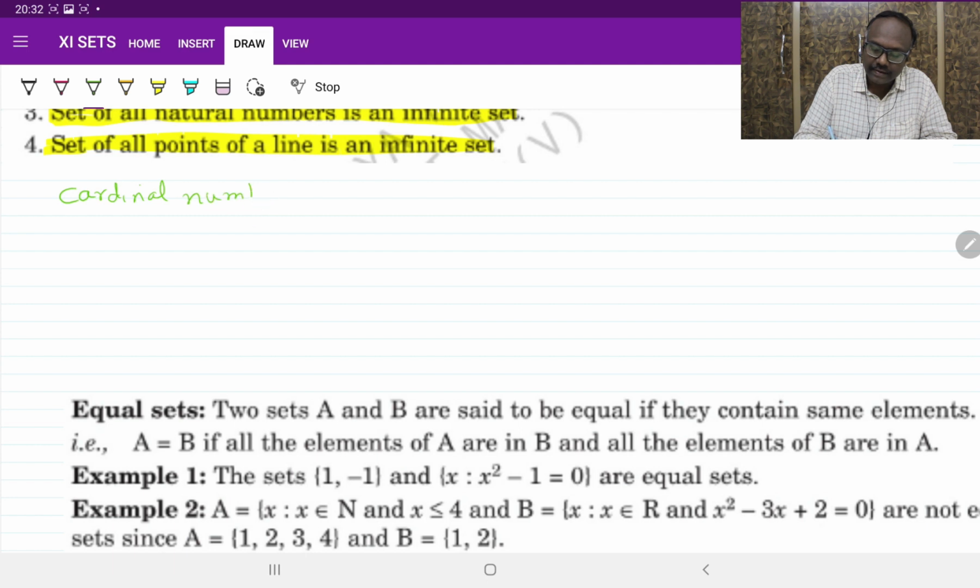The cardinal number is nothing but the number of elements in a finite set.